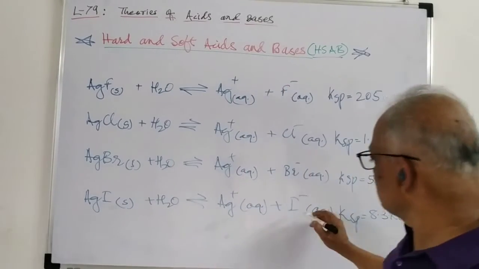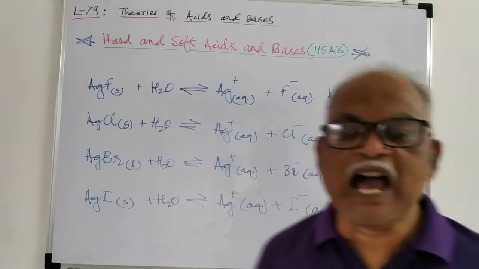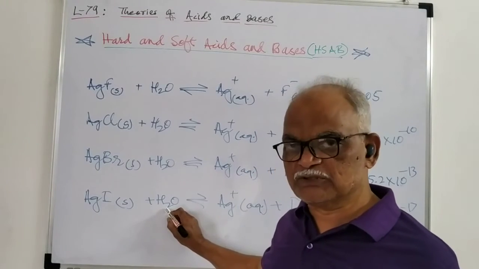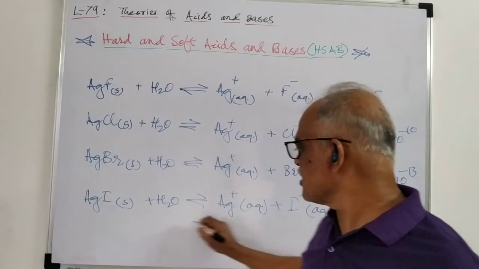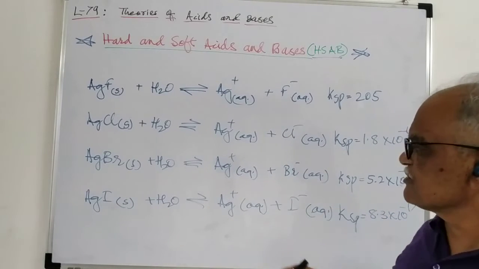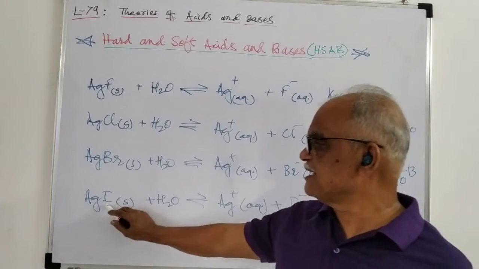This means Ag plus and I minus are strongly held together, so after dissolving in water they are not easily solvated. This indicates the strength of the bond between Ag plus and I minus.